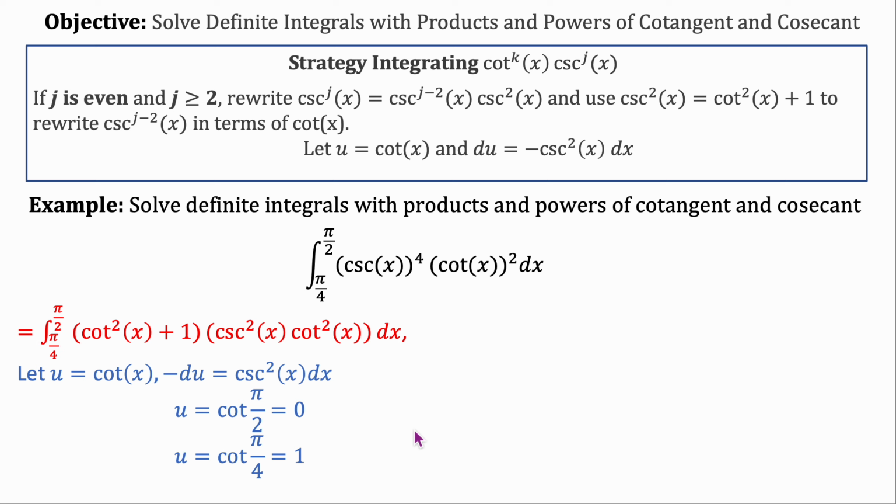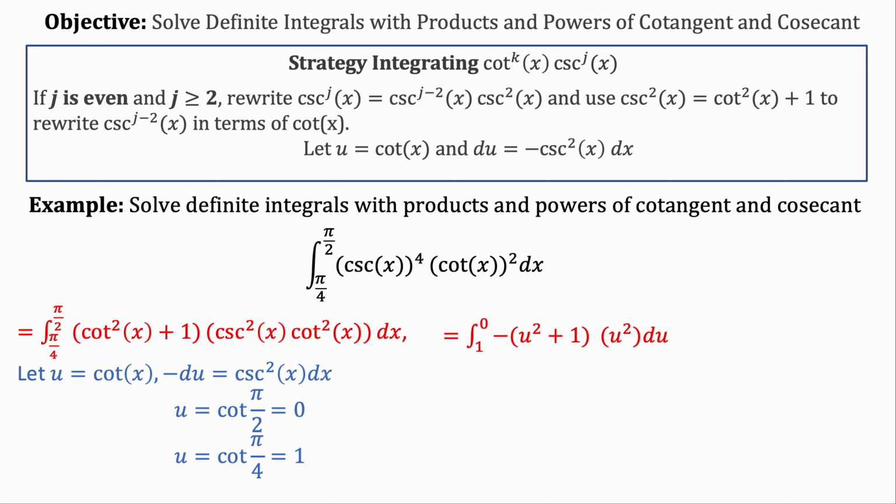So we get new boundaries. I've replaced everything in my problem in terms of u. The pi over 4 became 1. The pi over 2 became 0. The negative is there because that derivative has a negative, and so we need to account for that. This was our u squared plus 1. This was our u squared. So we have everything we need.